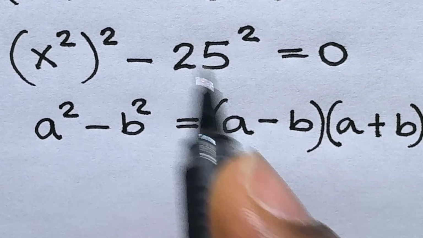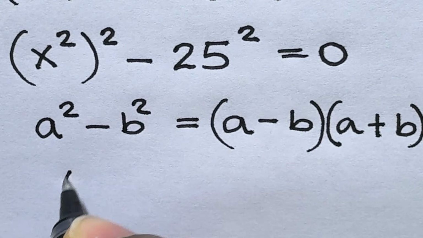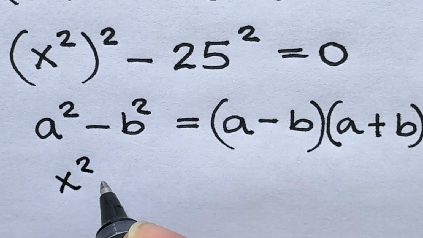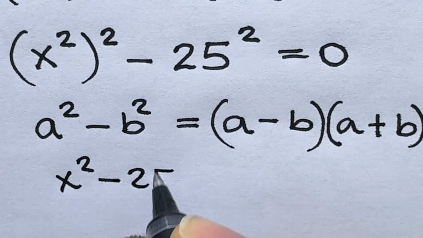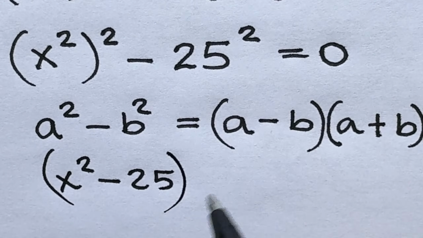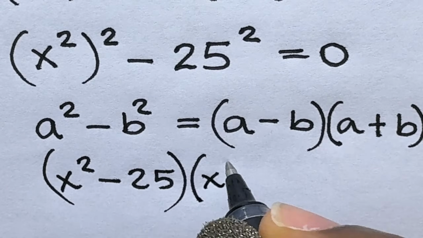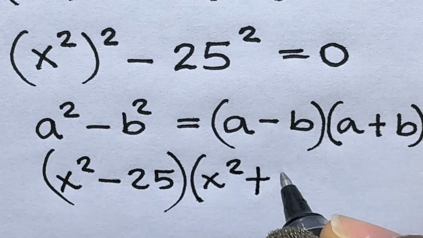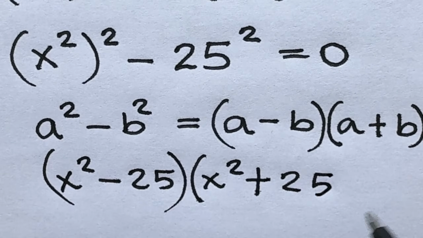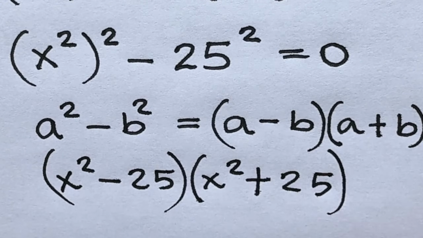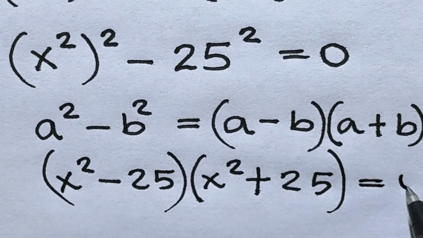Therefore, this equation becomes x squared minus 25 into bracket x squared plus 25. Then this is equal to 0, so we say equal to 0.